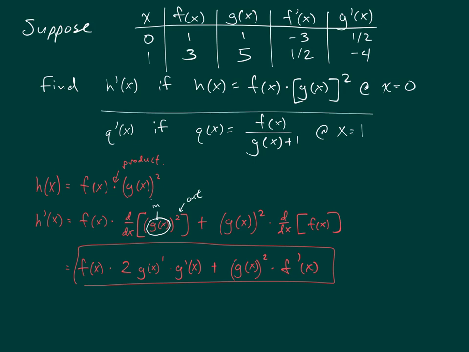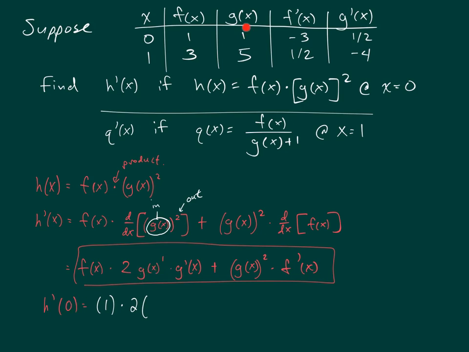So then all we have to do is come down here and find h prime of 0. For that, I need to find f of 0. If the x value is 0, f of 0 is 1. So I'm going to make that substitution here, times 2 times g of x to the first power when x is 0.